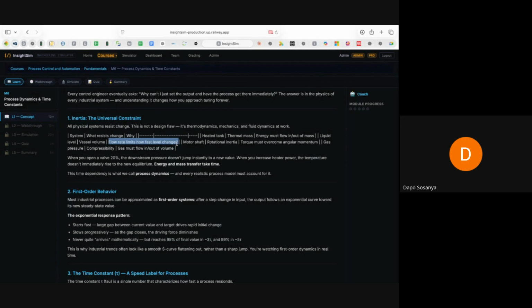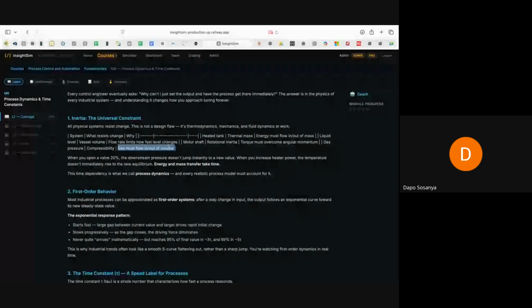How fast the level changes will depend on the size of the valve you're using and the percent opening of that valve. If you have a motor shaft, you have rotational inertia. That is what resists change here, so torque must overcome angular momentum. You have gas pressure, where you have the factor called compressibility. Gas must flow in and out of the volume.